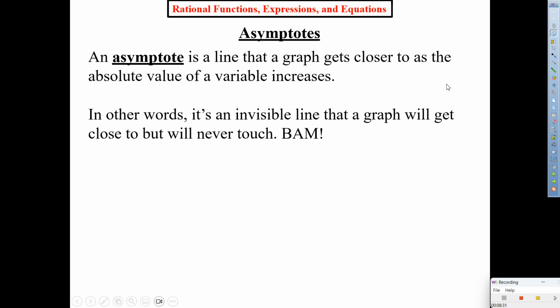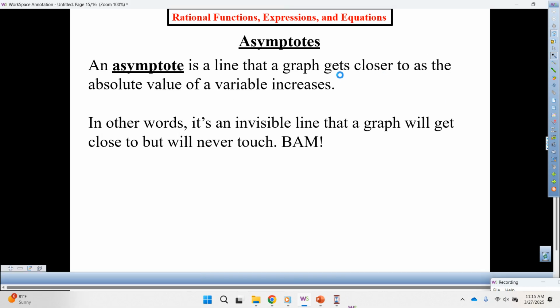Asymptotes. Here he goes. Write your utensils down. You don't need to copy this. It says an asymptote is a line that a graph gets closer to as the absolute value of the variable increases. Now notice it says gets closer to. That means it never crosses it.